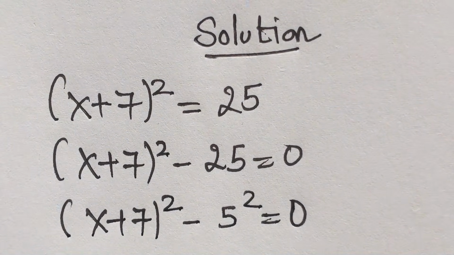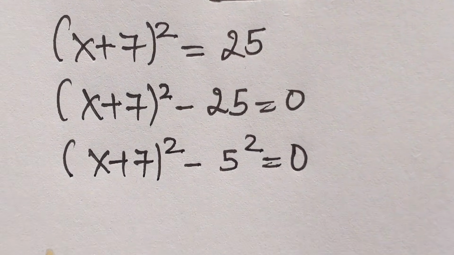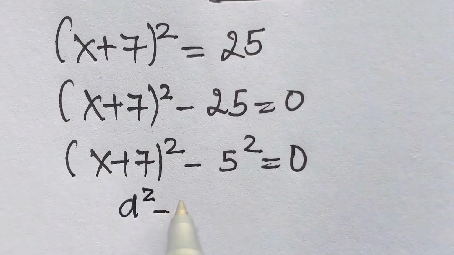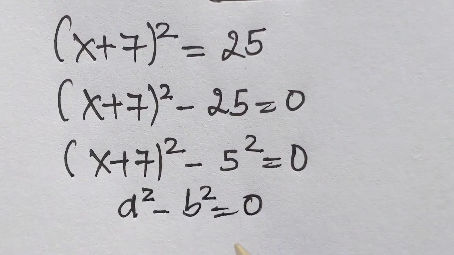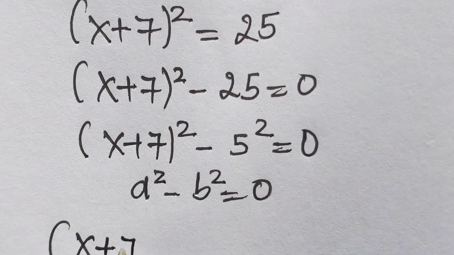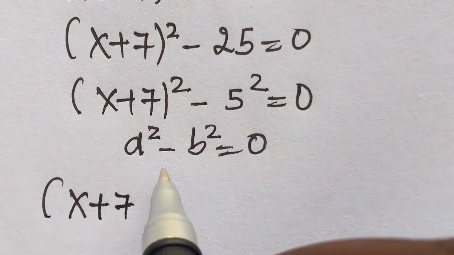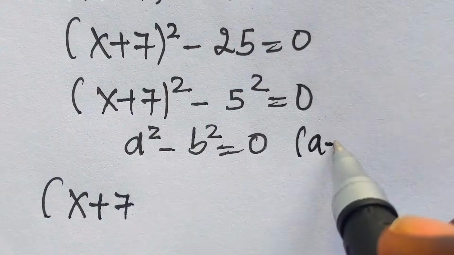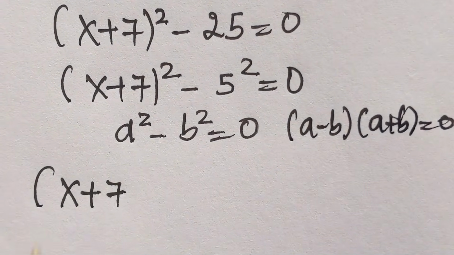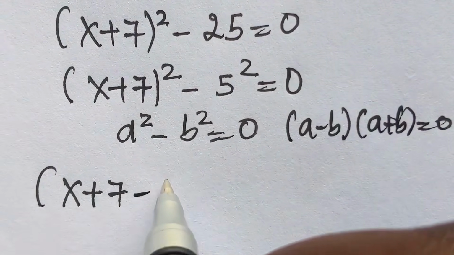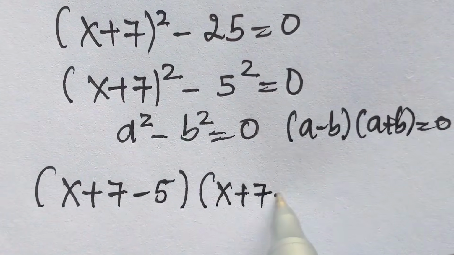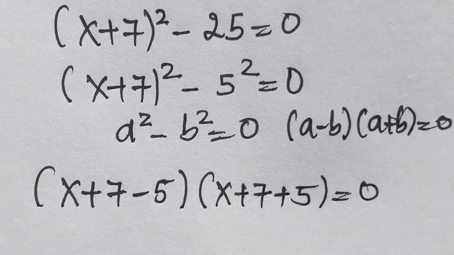And if you look carefully, this question has been changed into a difference of two squares, a squared minus b squared equals 0. So this is our a, which means we have x plus 7, and of course this is (a minus b) times (a plus b), which equals 0. This is a minus b, that is x plus 7 minus 5, times a plus b, which is x plus 7 plus 5, equals 0.